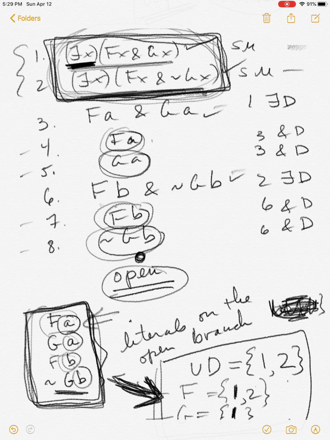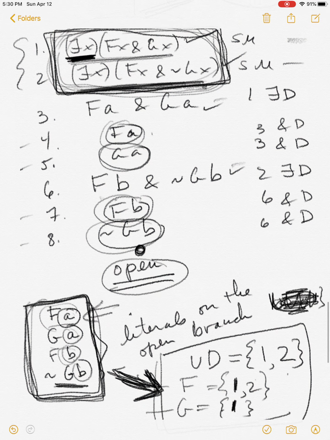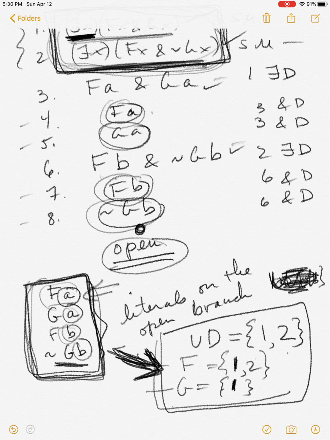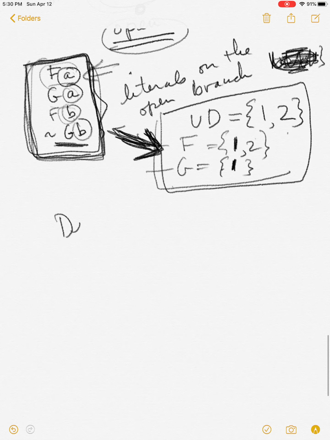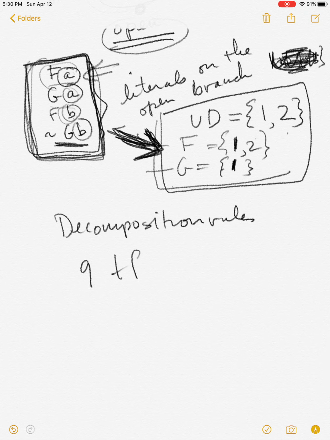So I'm going to stop here. There's lots more to be done, but this gives you kind of an introduction to trees for PL, and we now have for the decomposition rules all the 9 truth functional decomposition rules.